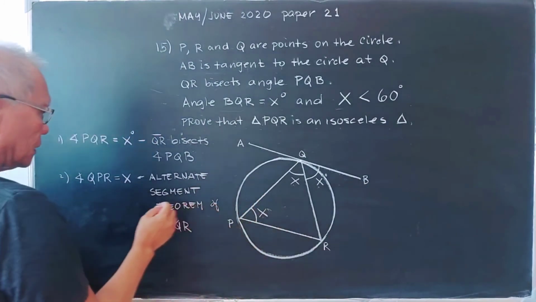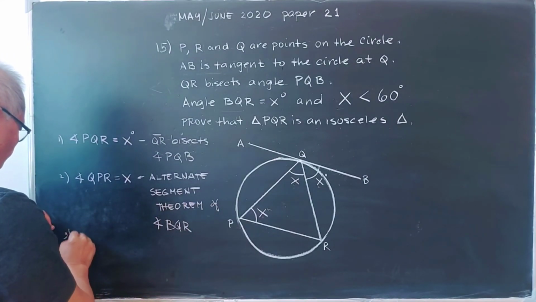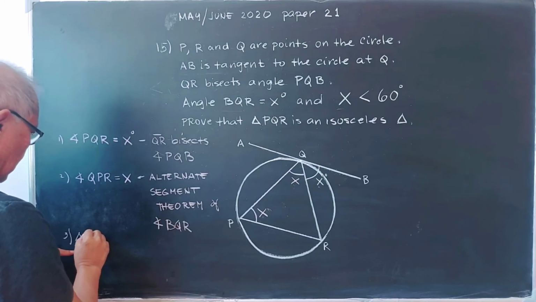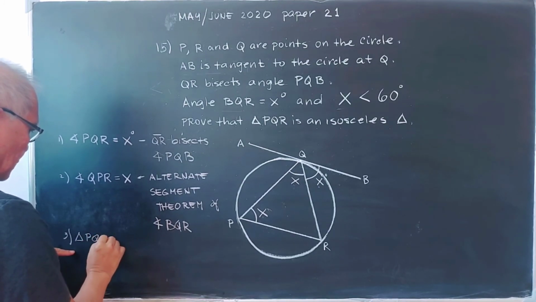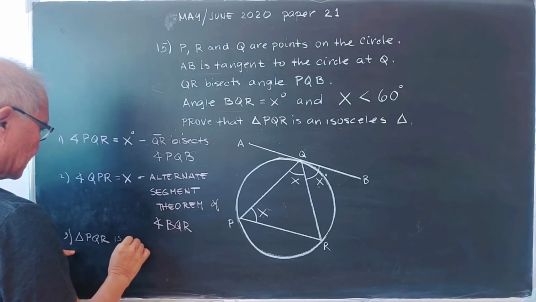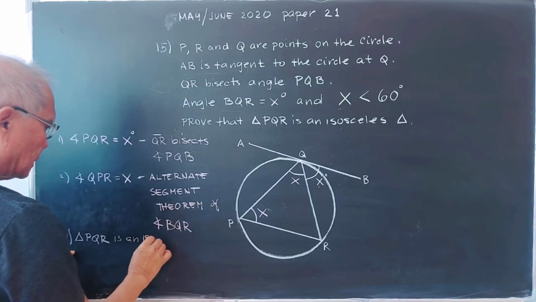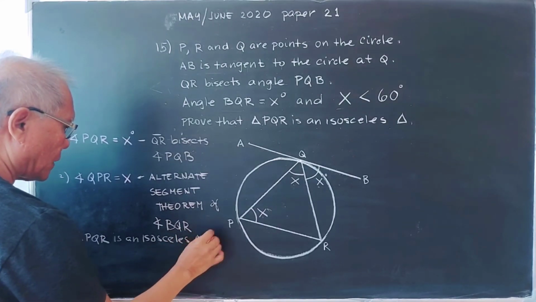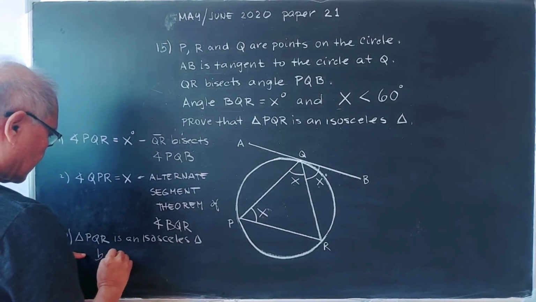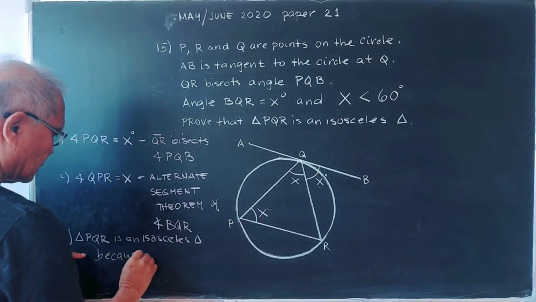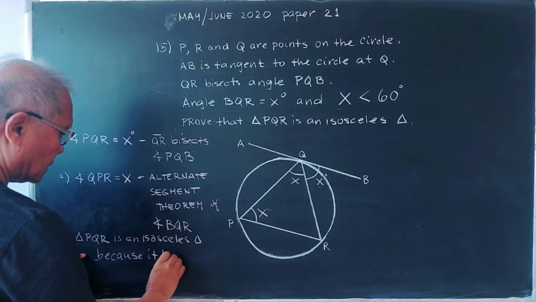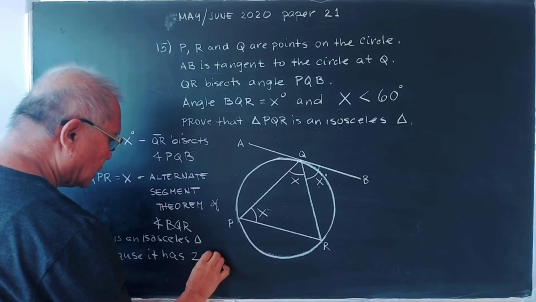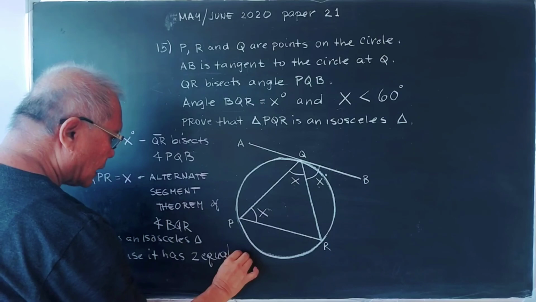Therefore, it proves that triangle PQR is an isosceles triangle. Why? Because it has two equal angles.